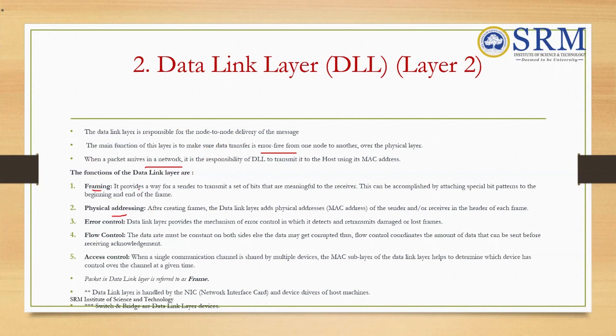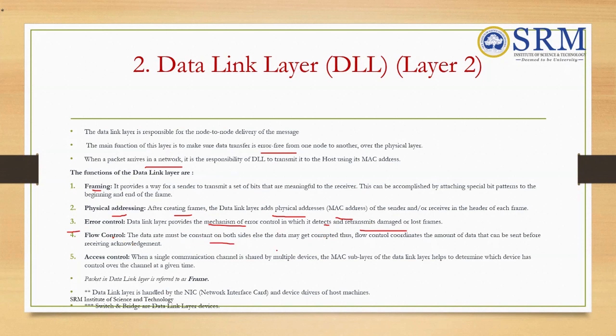After converting the bits into frames, we have to set the physical address, the MAC address, that is the default address of sender and receiver. Then error control. Error control means we should provide methods to detect errors and retransmit the damaged or lost frames. Then flow control. Flow control must be consistent on both sides.